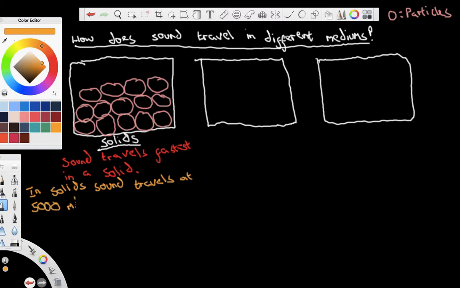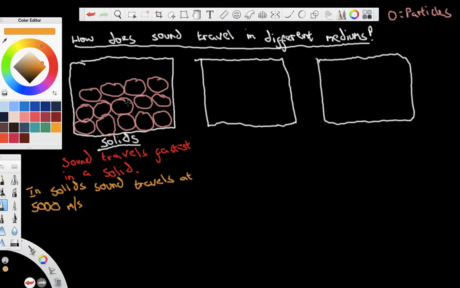meters per second. Now, the reason they travel this quickly in a solid is because the particles are all touching. If this particle here starts to vibrate, it's going to bang into all the particles around it, causing them to vibrate, and then these are going to bang into the particles around them, causing others to vibrate.